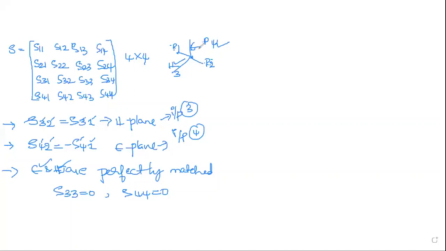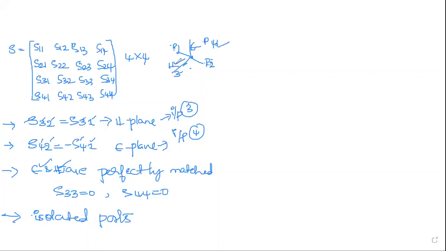If your microwave power or signal is fed into port 3, it cannot induce the dominant mode in port 4. That is, if you give input at port 3, you will not be able to get it across port 4. Vice versa, if you give input at port 4, it will not be available across port 3. Such ports are called isolated ports, where when you give the input, the other port will not be able to give the output.